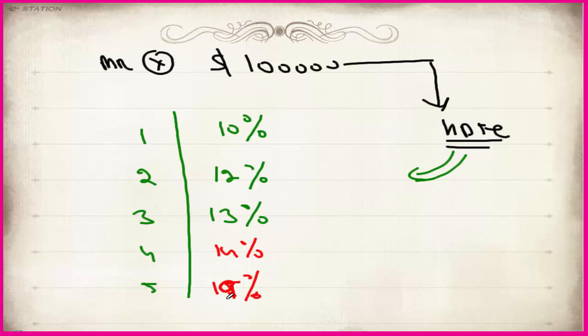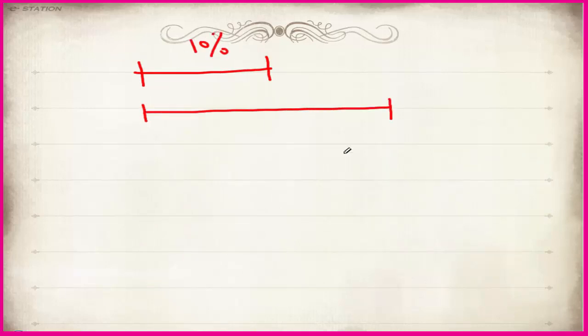As we are all aware, the longer the maturity period, the longer the bank FD period, the higher will be the return you will be getting. So in this case, if Mr. X is investing only for 1 year, his rate of return will be 10%. But if he is investing for 2 years, then on an average every year he will be getting 12% as a rate of return.